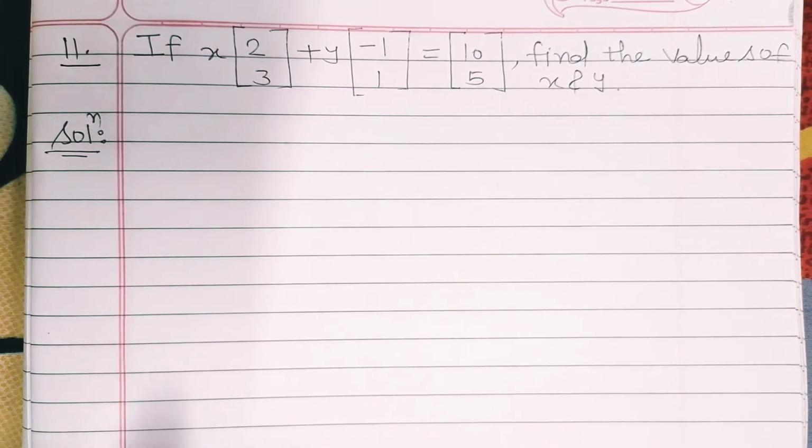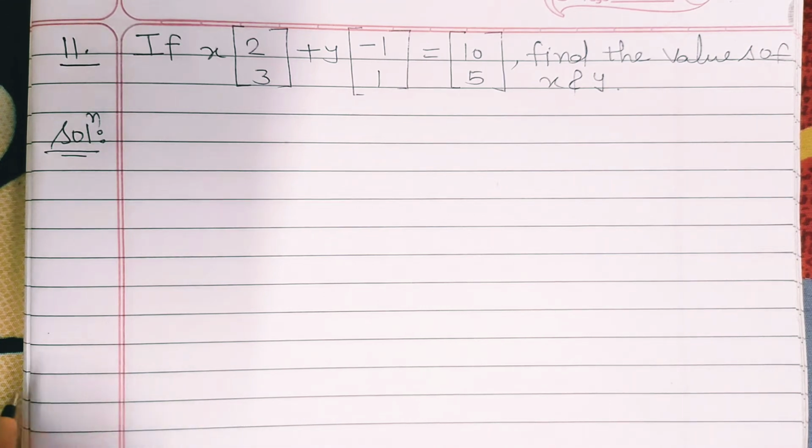Friends, in the 11th question we have given x into 1 matrix plus y into 1 matrix equalization 10 and 5, again the third matrix. So here again we'll multiply x inside, y inside and just add both of the matrices and equalize with the third matrix and we'll be left with the answer.